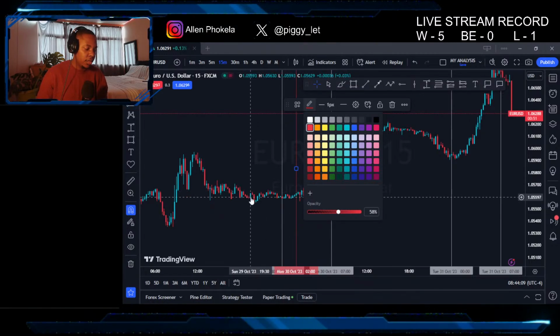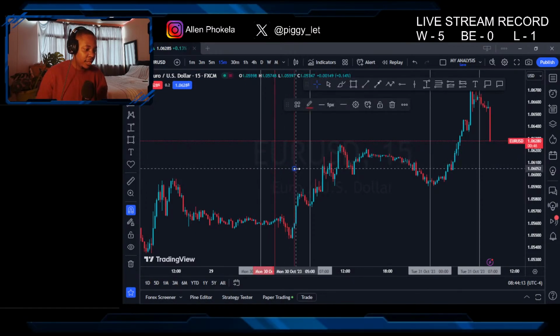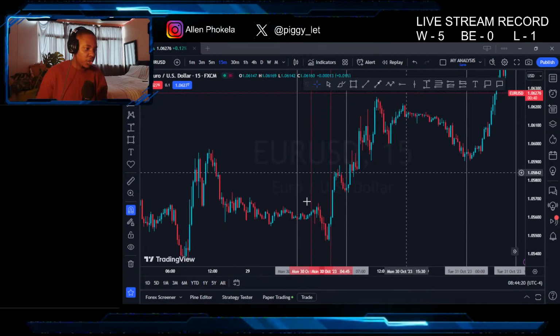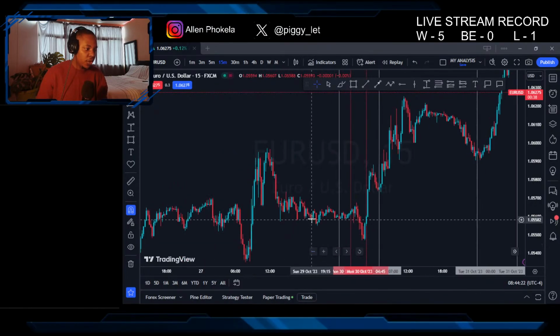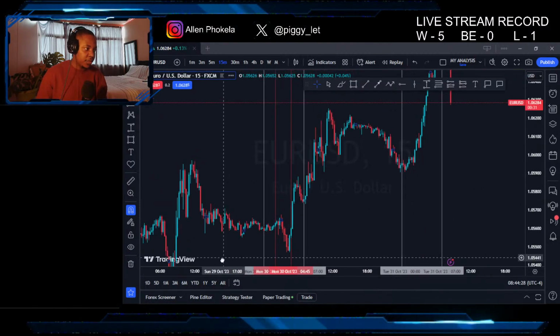So I'm gonna turn the opacity a bit down, and the next one is up until 5. So that's the London kill zone. That's where you actually wanna look for trades, in between this area here.